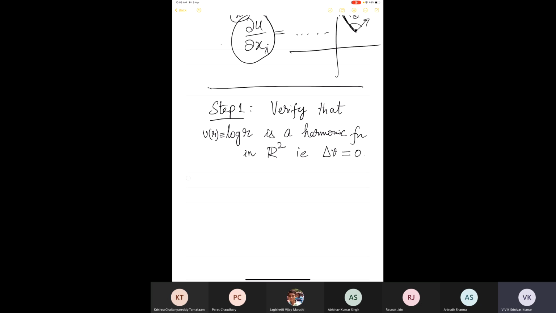This is step one. Next, in general, verify that v of r is equal to r power 2 minus n is harmonic.